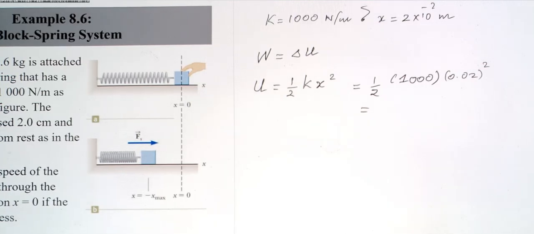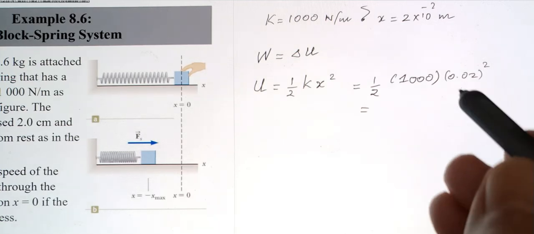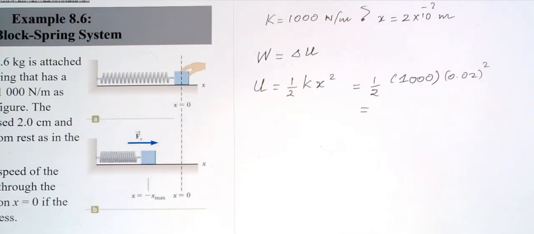When we say this is friction energy, it's a wasted energy, it's a lost energy, so we give it a minus sign. Okay, so what's this value? Can somebody tell me? So it's 10 joule.